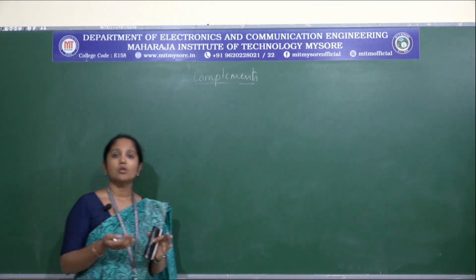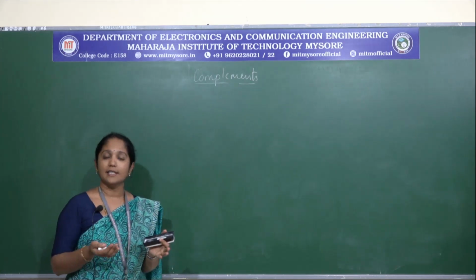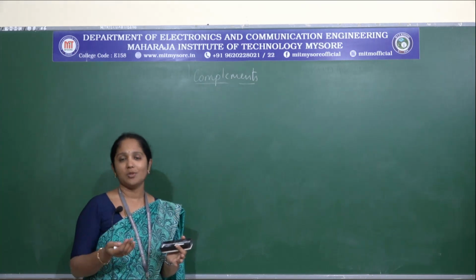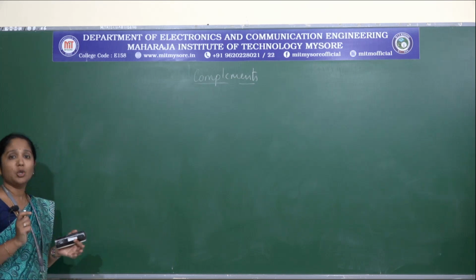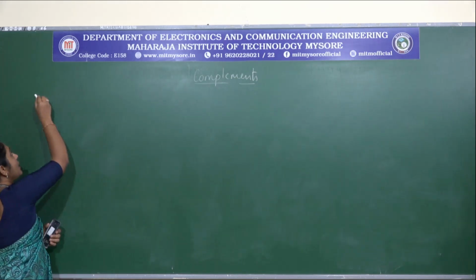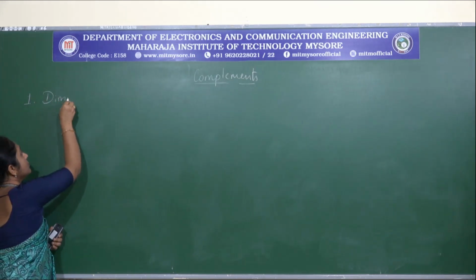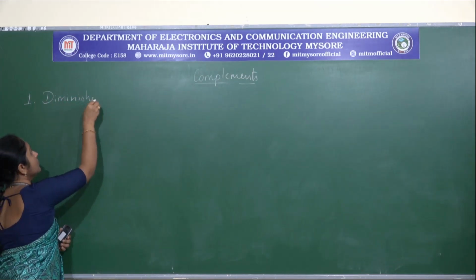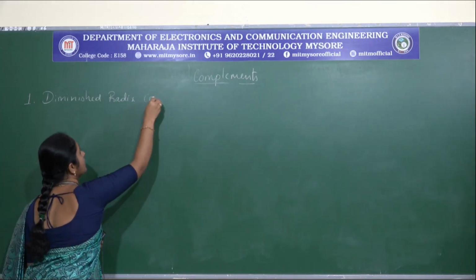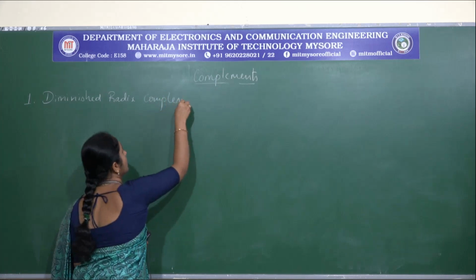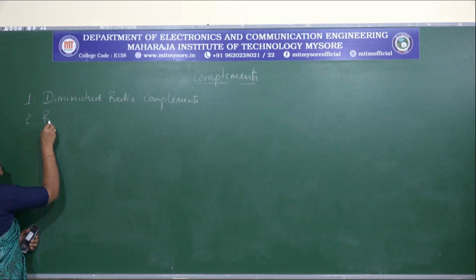Now, let us learn what complements are, what the different types of complements are, and how to perform subtraction using complements. There are two types of complements. The first one is the diminished radix complement. The second one is the radix complement.